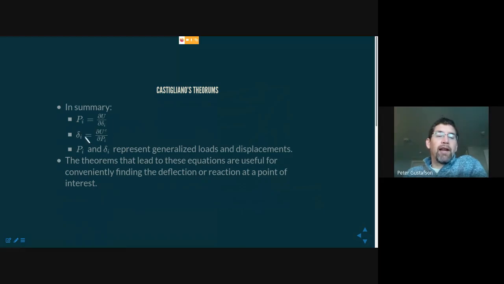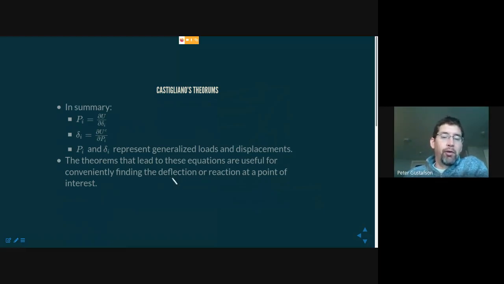Similarly, Castigliano's second, again generalized, a displacement or an angle, is equal to the partial derivative of the complementary energy with respect to the applied load. So P_i and delta_i represent these generalized loads and displacements. They could be torques, they could be angles, but in a vector sense.